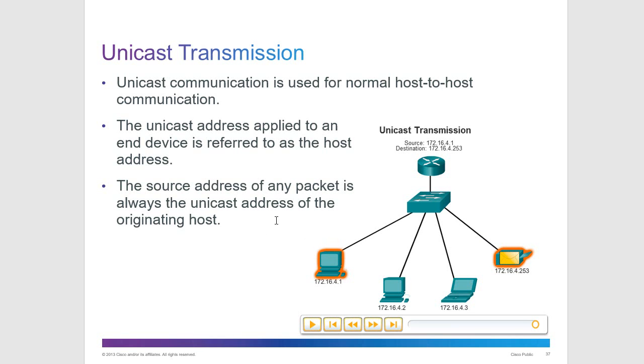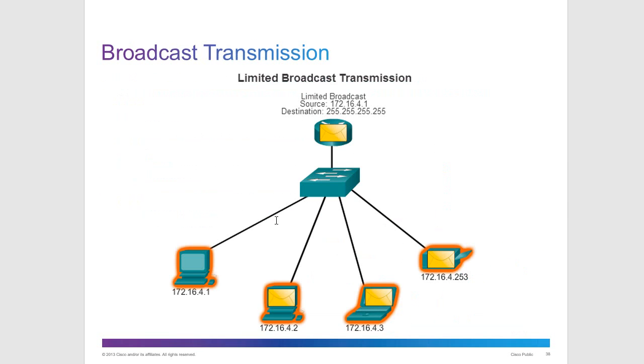So you've got a unicast transmission, and you've got your broadcast transmission. Your source is going to be your end device here. Your destination is going to be 255.255.255.255 for a limited broadcast transmission. I know we just talked about a broadcast reserved address.